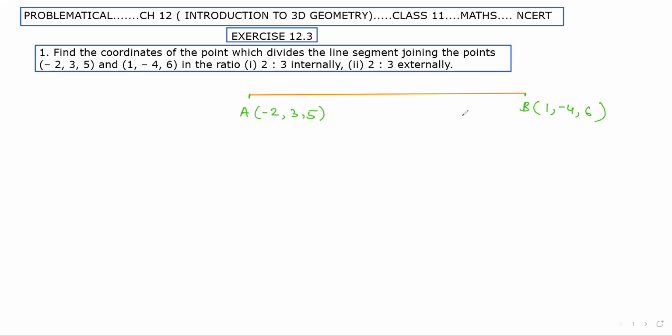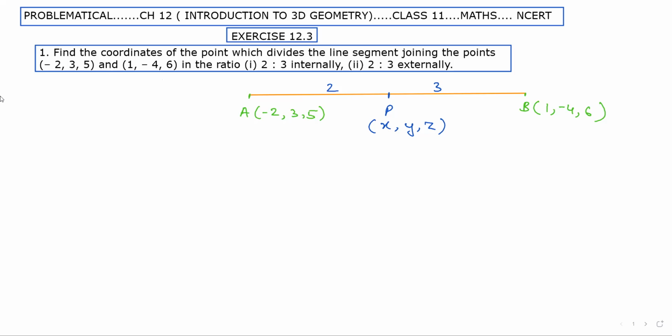Coordinates of the point which divides it internally: P is my point which has internal division, with x, y, z being its coordinates, and you are dividing the line in the ratio 2:3. First point 2, second point 3. A proper order is always followed in such questions.